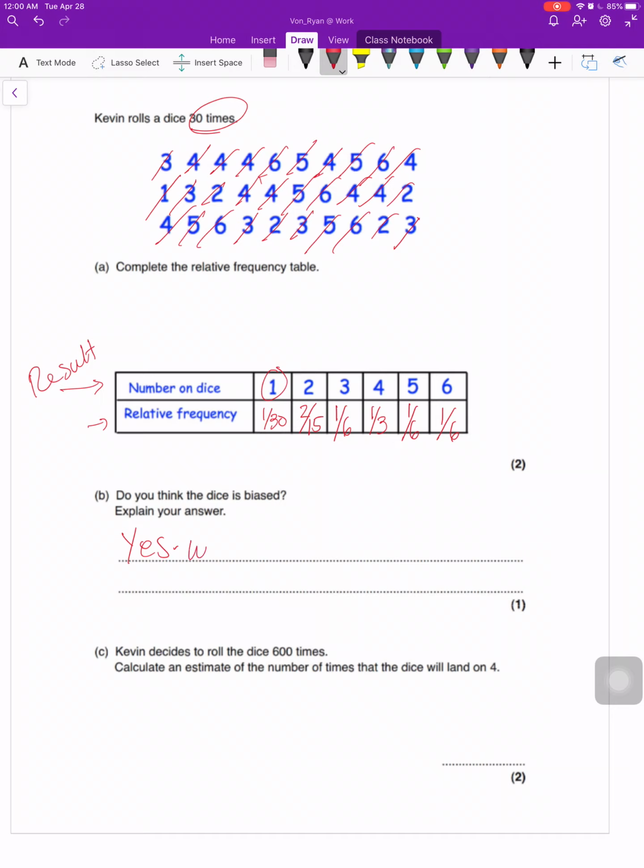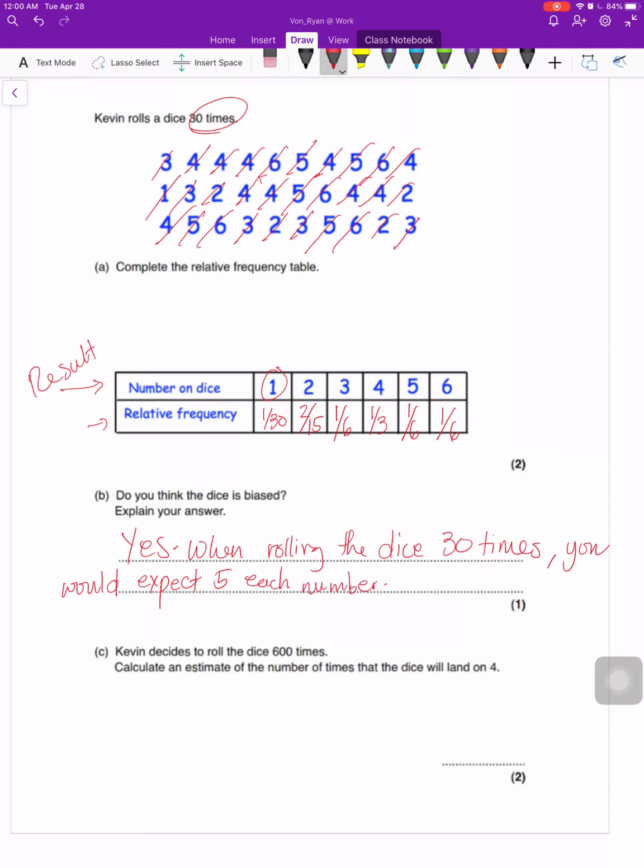So you can write that down. When rolling the dice 30 times, you would expect 5 of each number. However, that's not the case.